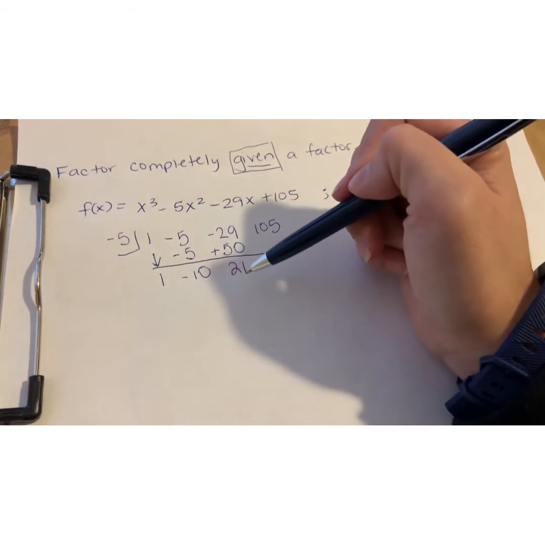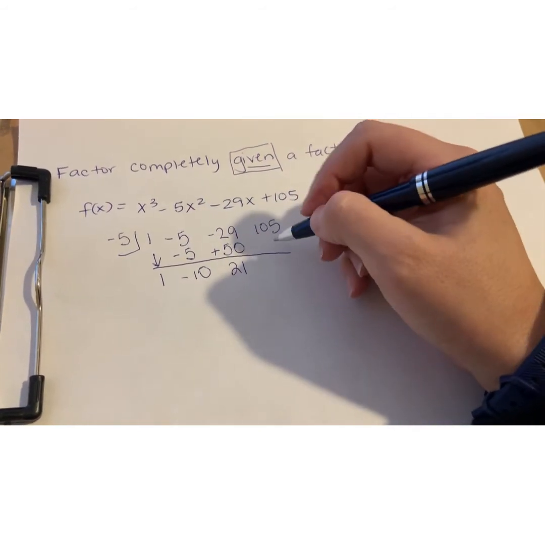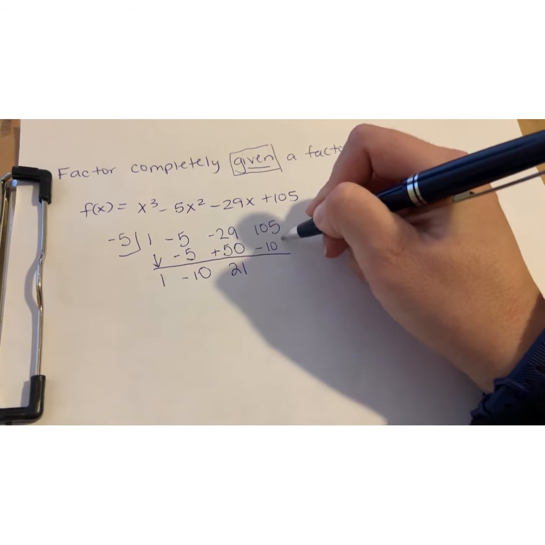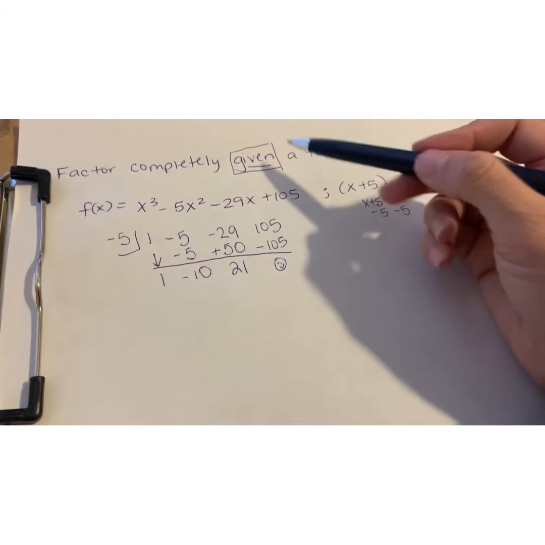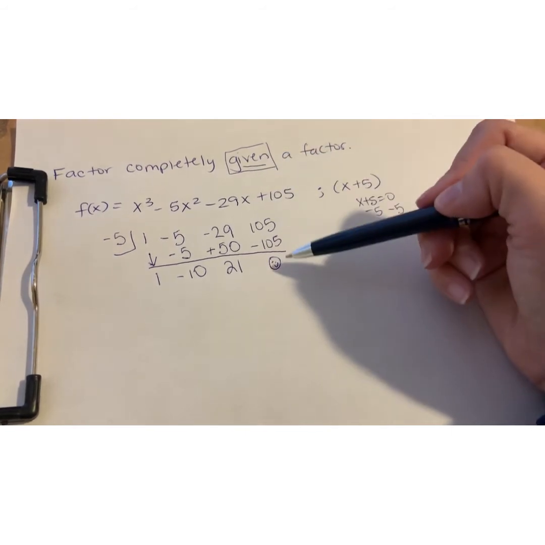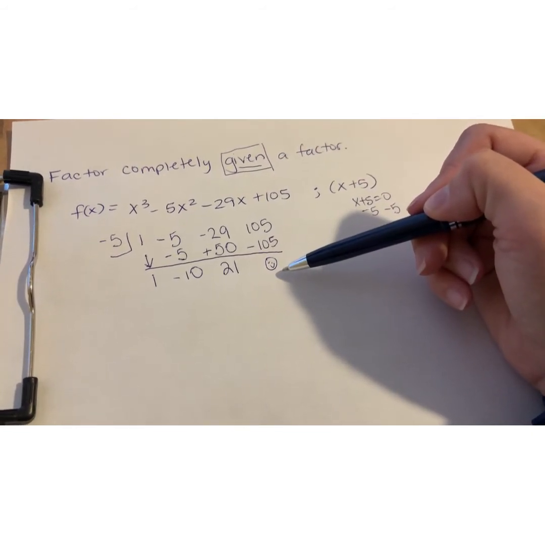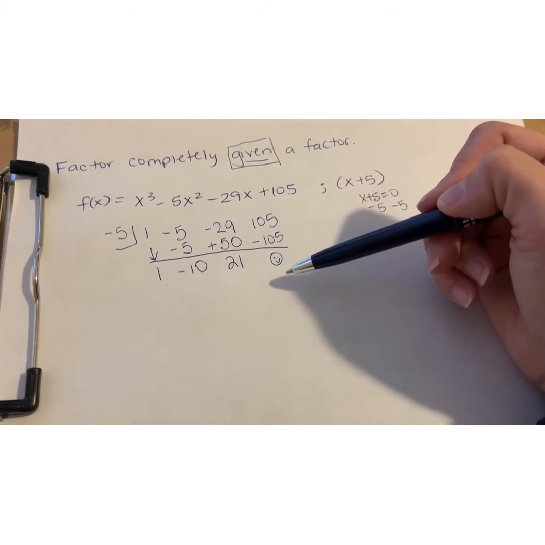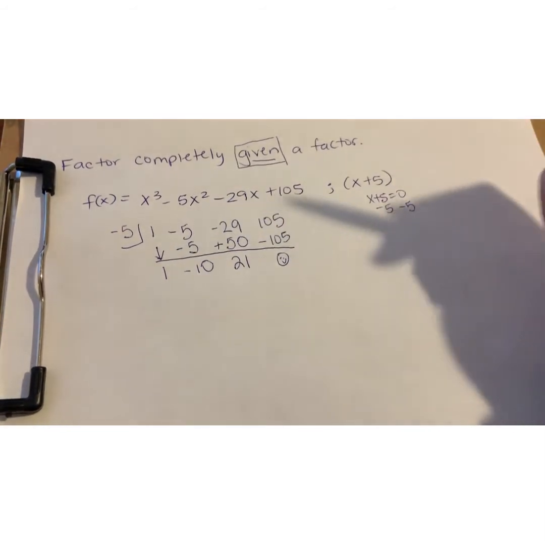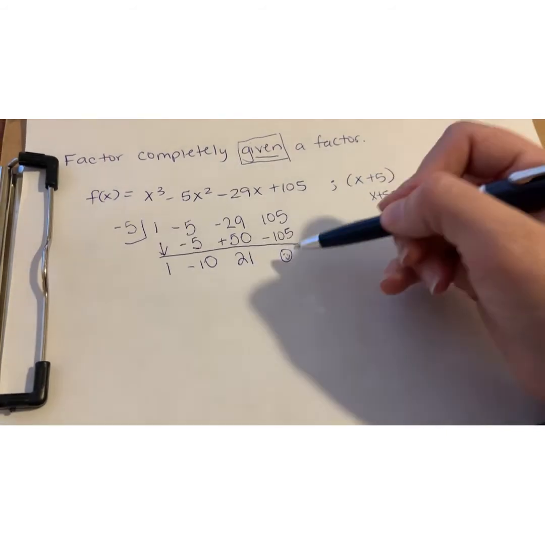And then negative 5 times 21 is negative 105. When they tell you that this is given and you don't get a 0 as the remainder, that means you've made a mistake in your math somewhere that you really need to go back and figure out what happened, because it should be a 0.